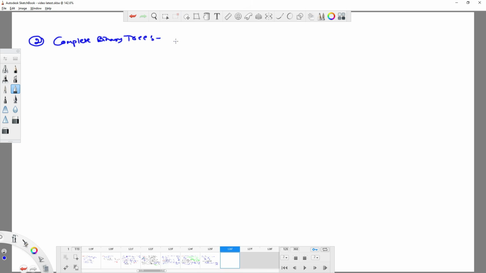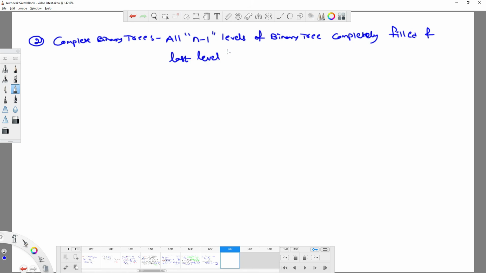If I say it is a complete binary tree, all n minus 1 levels of the binary tree should be completely filled, and the last level elements should be as left as possible. This is the definition of a complete binary tree, right?